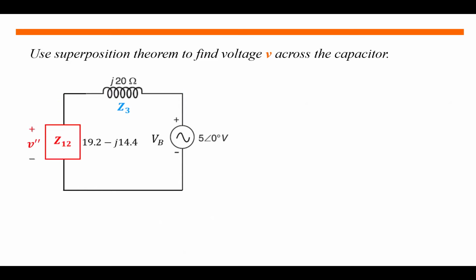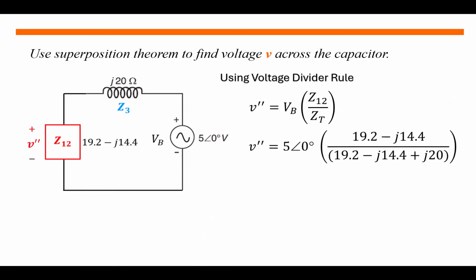Then solving for the voltage across this Z sub 12, therefore, using our voltage divider rule, so the V double prime will be VB, the voltage source multiplied by the impedance Z sub 12 all over the total impedance. So substitute all the values, then we will get V double prime is equals to 6 angle negative 53.13 degrees volts.